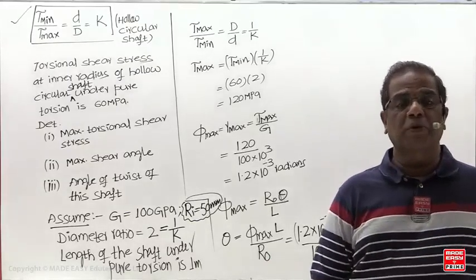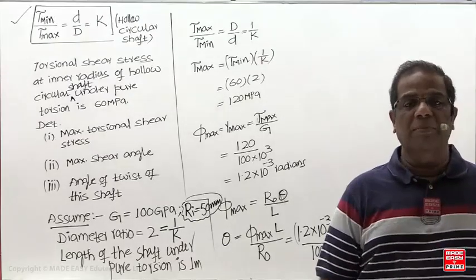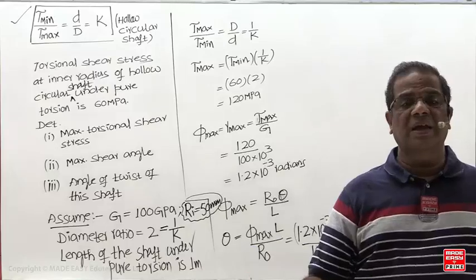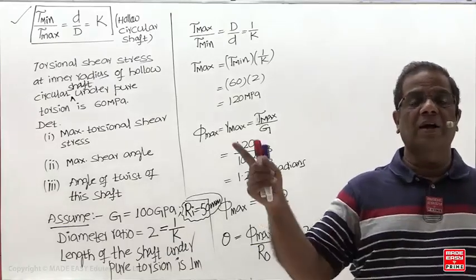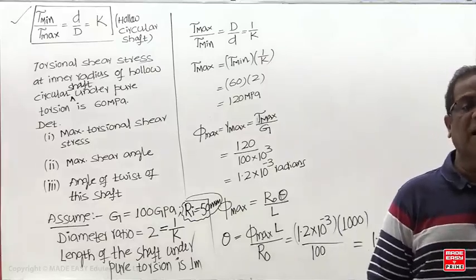In both cases the torque is the same and the diameter is the same. So directly the answer is that in both shafts the stress is the same. So the answer will be 100 megapascals.